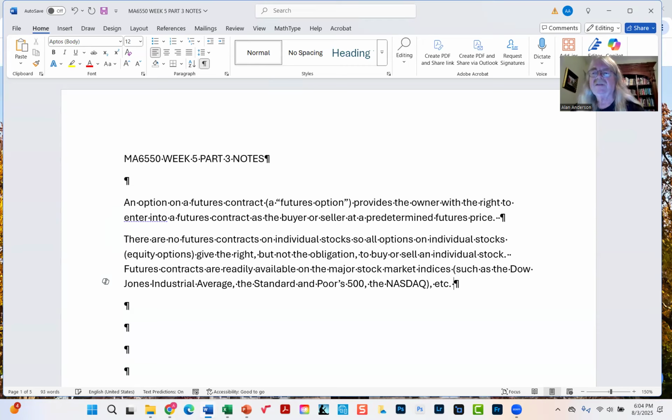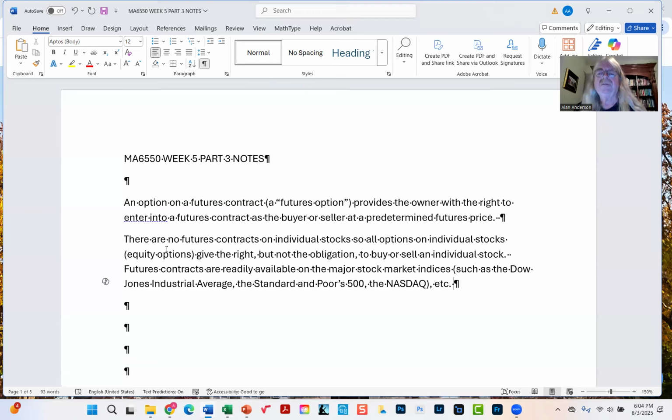And so that means that if I want to take on exposure to the overall market without choosing individual stocks, the best bet is to enter into one of these futures options where the underlying asset is one of these indices. So that way, I'm essentially placing a bet on the entire market rather than individual stocks.